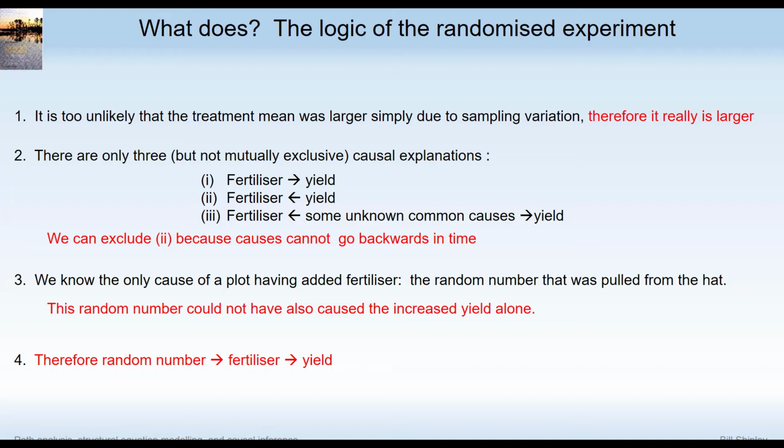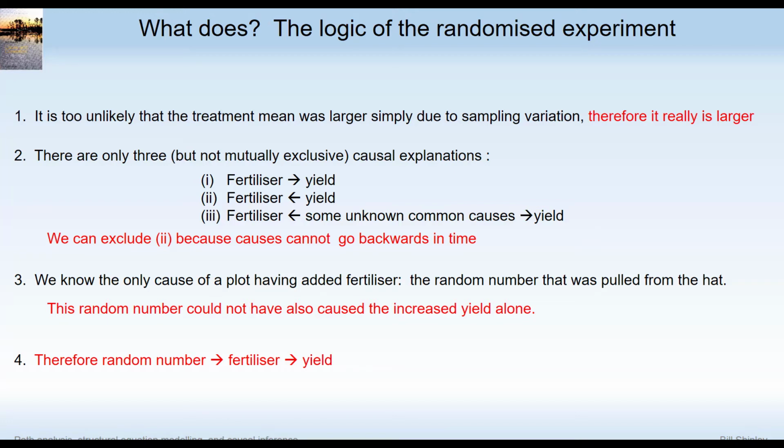First of all, the added fertilizer could cause an increase in the yield. Logically, the increased yield could cause an addition of the fertilizer. And third, there may be some unknown common causes that are causing both an increase in yield and the presence of the nitrate fertilizer.